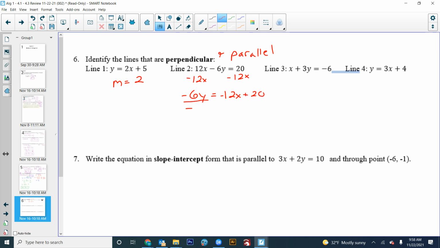Then divide by negative 6. Now, because this question only asked, are they parallel or perpendicular, we really just need to worry about the slope. I mean, it's good to have both parts correct just for practice. What's negative 12 divided by negative 6? 2. So we have 2x minus 26. What does 26 reduce into?